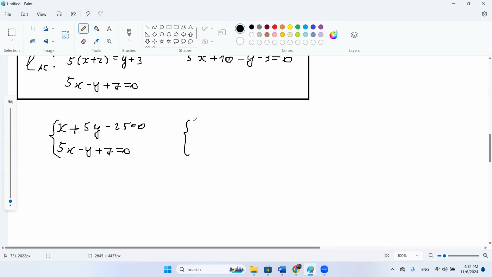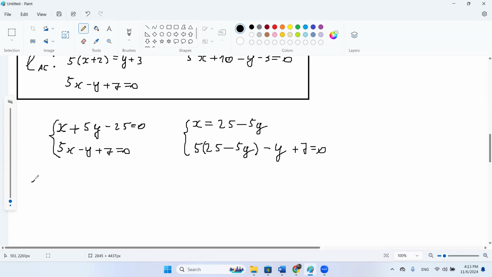So x equals 25 minus 5y. So 25 minus 5y minus y plus 7 equals 0.